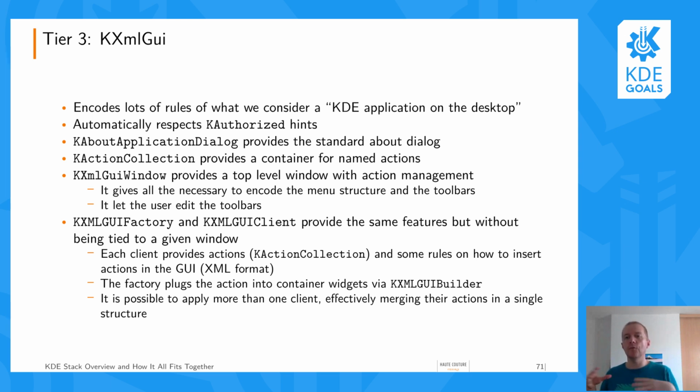And if you use those, then for free, you get all the settings dialogs to be able to change the default shortcuts for the actions in the applications. You get all the necessary to let the user tune what appears inside the toolbars, which are managed by the GUI window and so on. It's really cool.